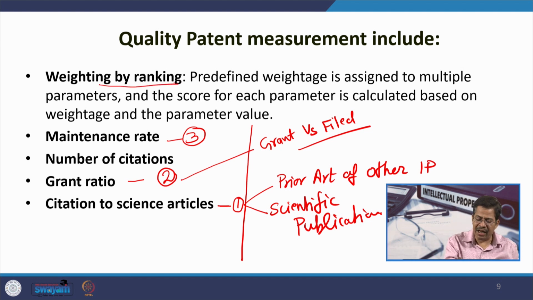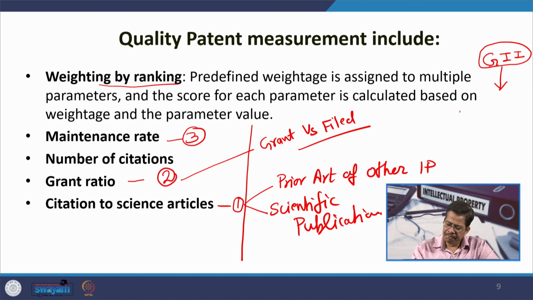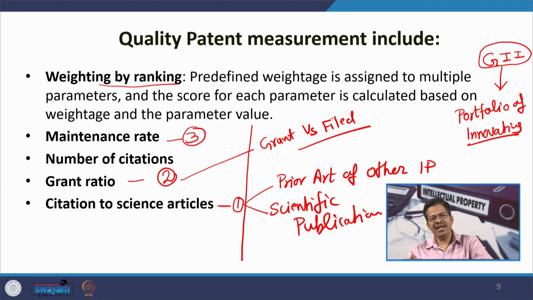Then weighing by rankings. So, you may have predefined weightage on multiple parameters, and you can create your own parameters, like we discussed a few minutes back about GII, the Global Innovation Index, and I can consider GII also as a portfolio of innovation, where they have various parameters: number of filed patents, number of granted patents, number of PCTs, number of successful patents, meaning those patents which are generating revenue for your country.